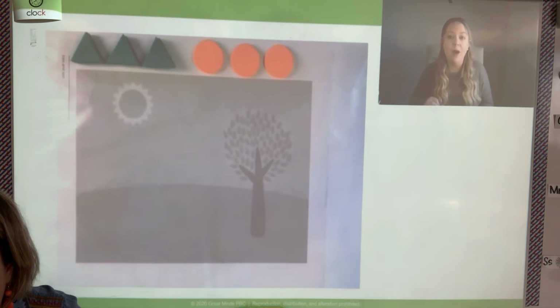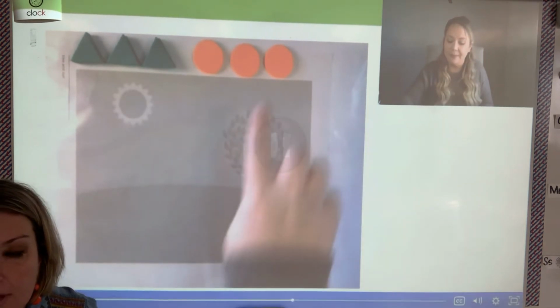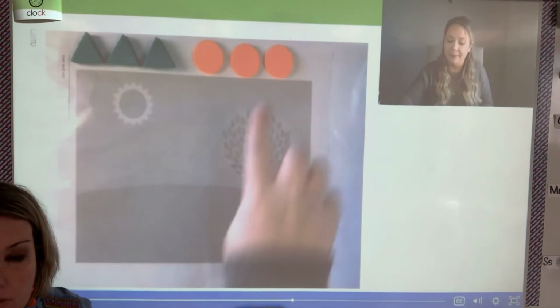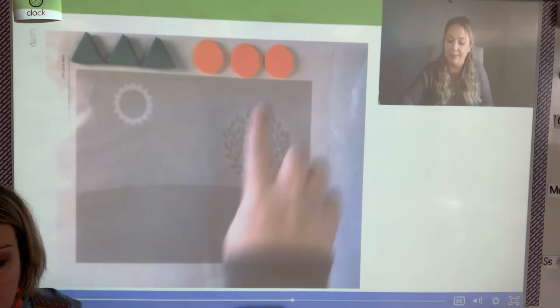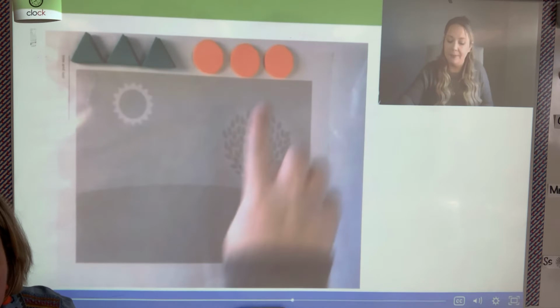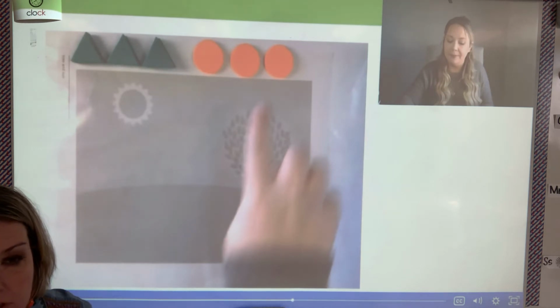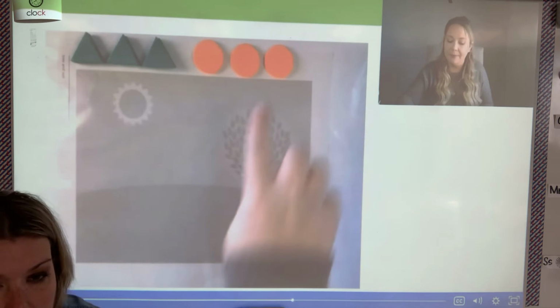Now let's move our robins into the tree. You can draw your robins at the top and then erase them as you put them in the tree. Or you can use pennies or Unifix cubes if you want to and put them in there.